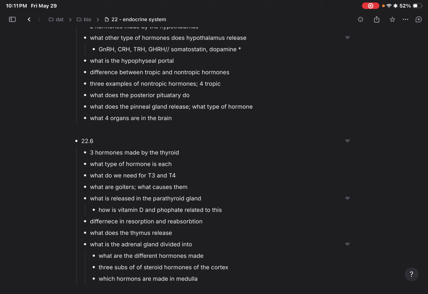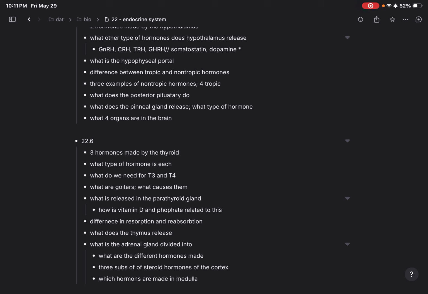Difference between tropic and non-tropic. Tropic is indirect: tropic hormones will trigger another gland to release another hormone. Non-tropic is direct: it goes straight to the effector and does the effect. Three examples of non-tropic hormones: growth hormone, because it triggers growth, prolactin, and MSH, melanocyte stimulating hormone.